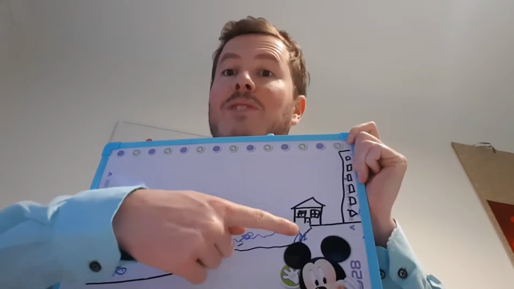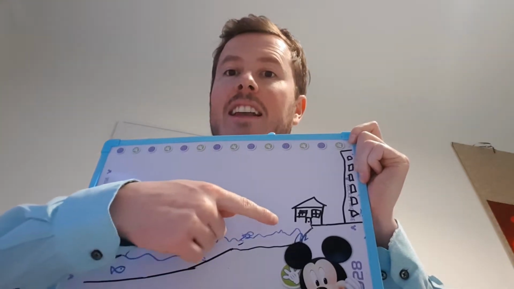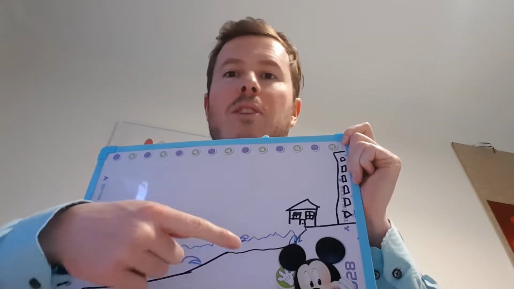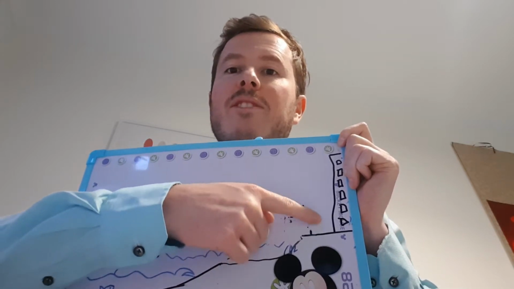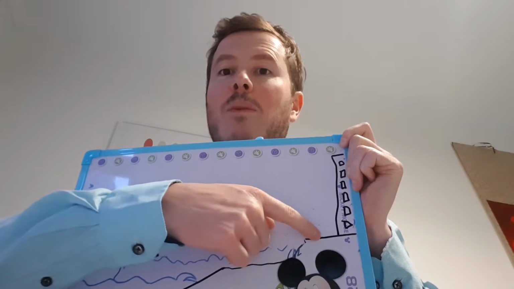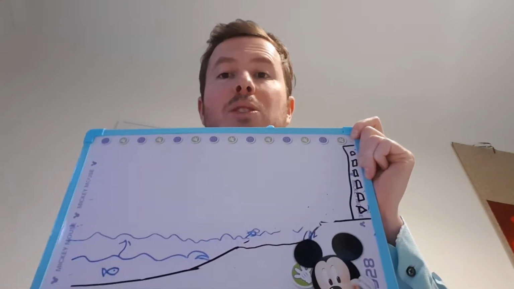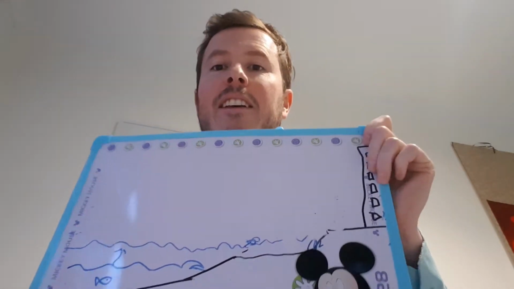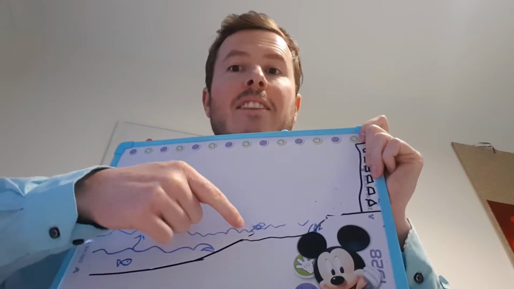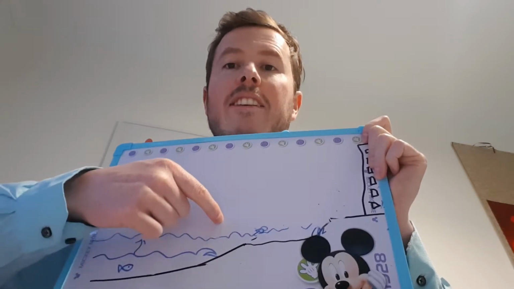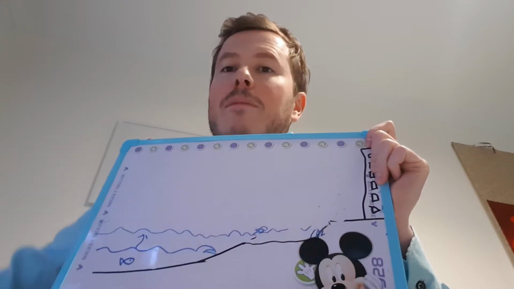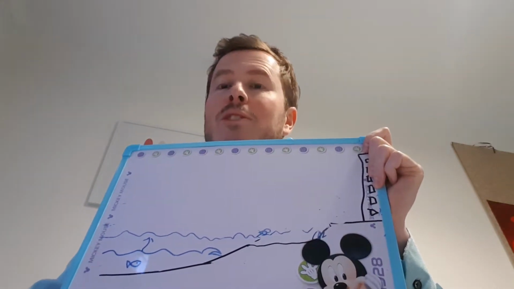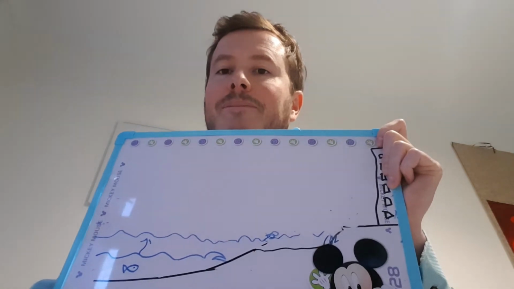So the ocean goes inland, and then it crashes into buildings and houses and trees, and it just takes them away. They get washed out to sea. I've seen houses get washed away. It's quite common in New Zealand. And then the higher the sea level goes, the more inland it will go until it gets to the buildings and that. It's called coastal erosion.